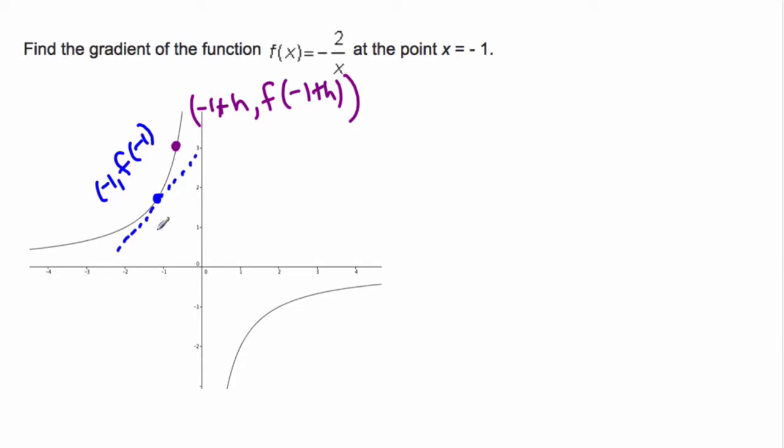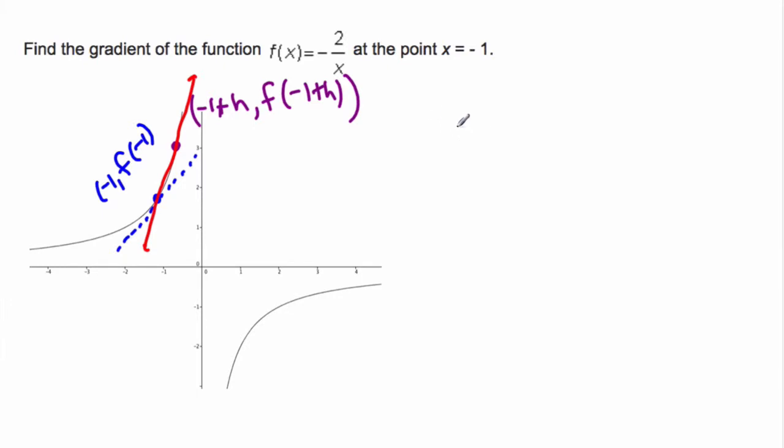Okay, and we take the slope between these 2 points. So clearly these slopes are different right now, but if I brought this purple point down, you'll see that the red line will approach the blue line. Now the idea is, what's that number? What is it approaching? What is that slope?